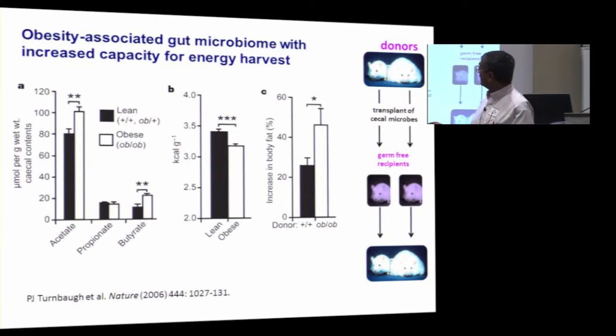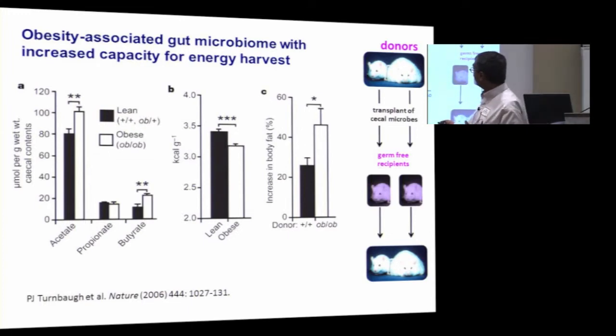What they were able to find is that obese mice had a higher level in the gut of these short-chain fatty acids. What this implies is that there's some sort of alteration in the microbiome that is generating these. They then did a bomb calorimetry of the stool, feeding these mice the same diet, to determine how much energy was extracted from the food.